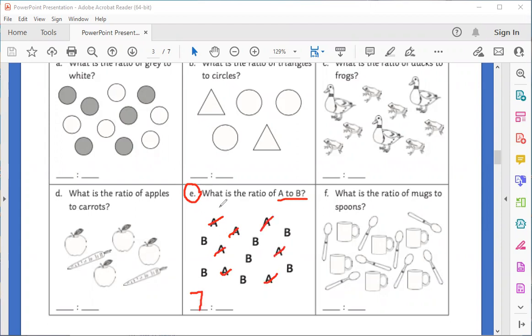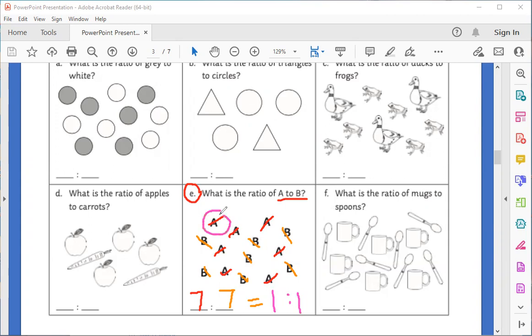That gives us 7 A's. And how many B's? Maybe I'll use a different color. 1, 2, 3, 4, 5, 6, and 7. Oh gosh, it's 7 to 7. What do you say then? It's an equal ratio, which means if I simplify this, it's going to be 1 to 1.